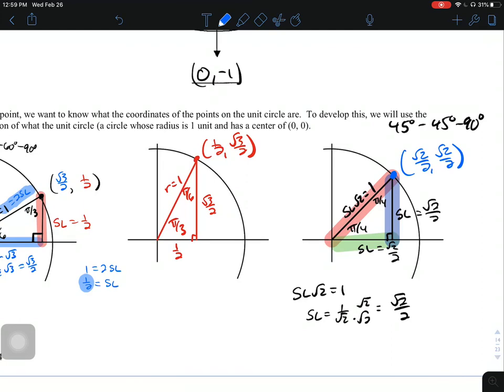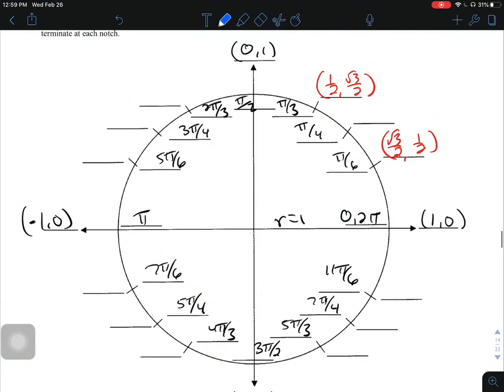I can put that into my unit circle. That is quadrant 1. Quadrant 1 is complete. Once quadrant 1 is complete, this is real easy to fill everything else out.